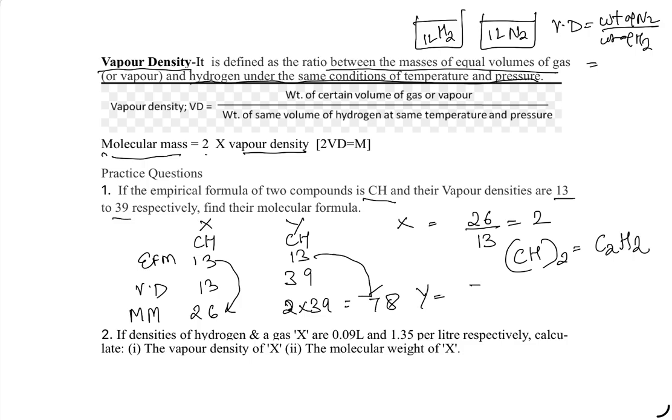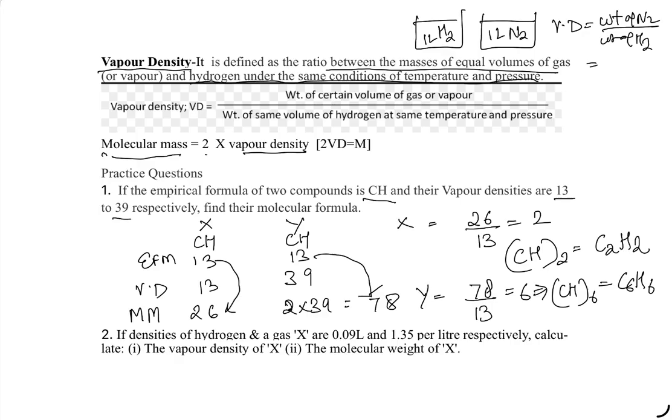Similarly for Y, it is 78 by 13, I will get 6. That means if I multiply the empirical formula by 6, I will get the molecular formula. So the empirical formula multiplied by the number of times will give you the actual formula. This is just a direct application of the concept of vapor density.